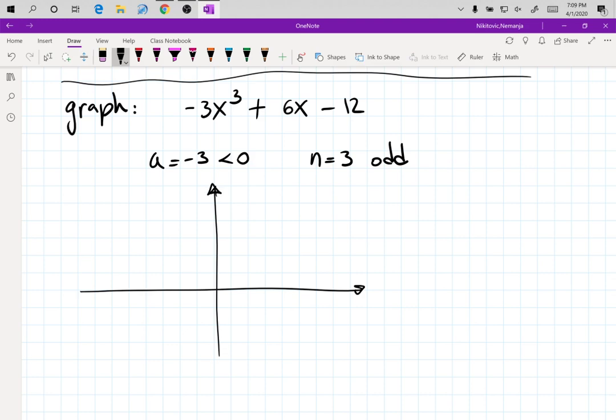So odd means that they are going to look like this or like this. Now this is for a larger than 0. This is for a less than 0. Since we have less than 0, it's this one.